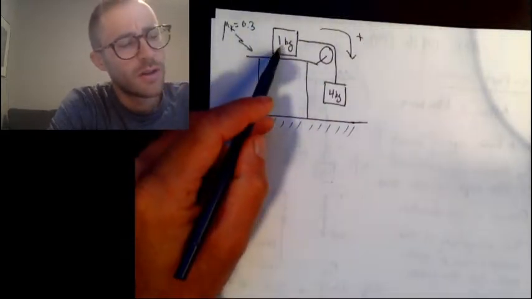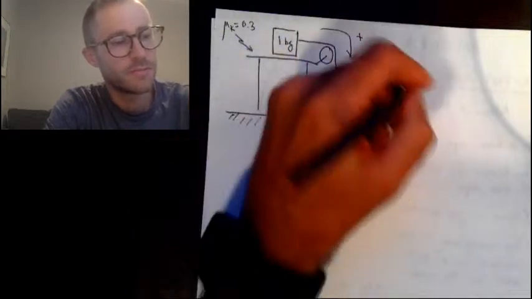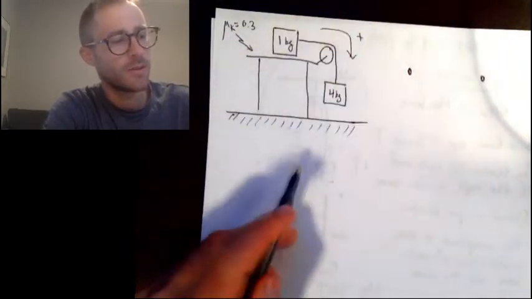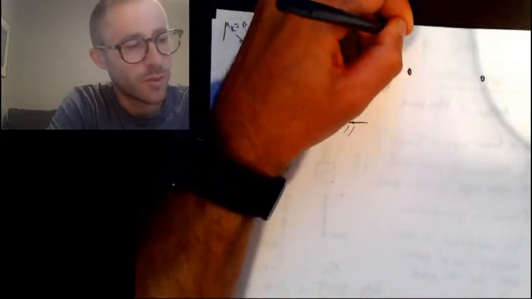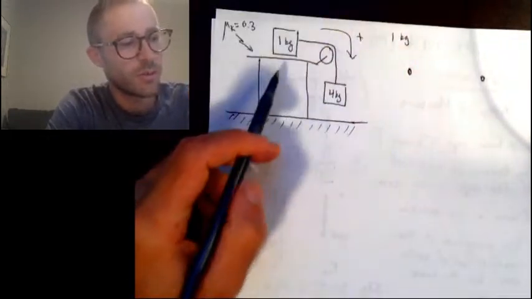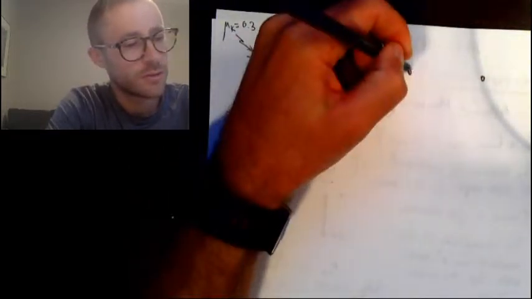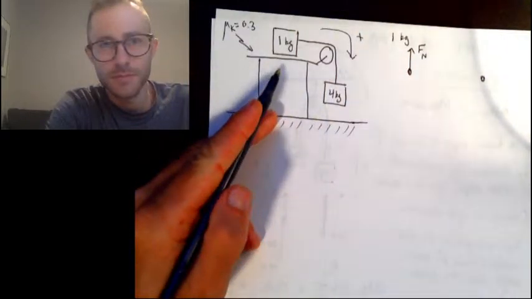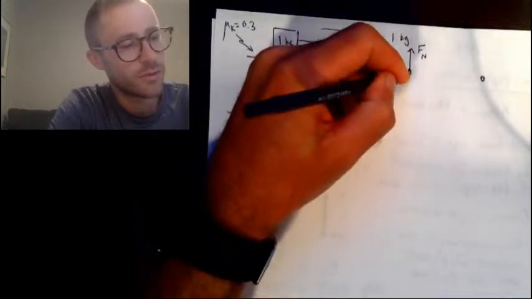So let me just do a free body diagram of the forces on each block. For the 1 kilogram block, it's a little bit more complicated because it is on a table. So that means there's a normal force. The 1 kilogram block has a 10 newton weight force going down.